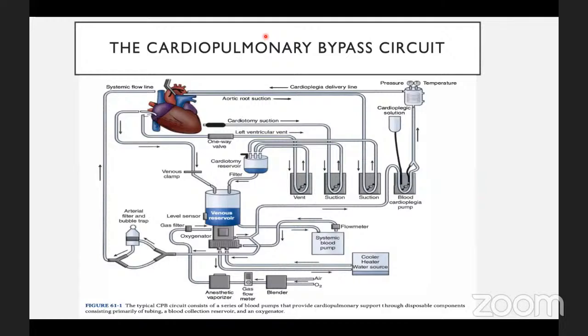So the advantage of providing carbon dioxide is that it makes your blood acidotic, but when you look at it temperature corrected, it's normal. It produces vasodilatation, so it produces a good blood supply to the brain.